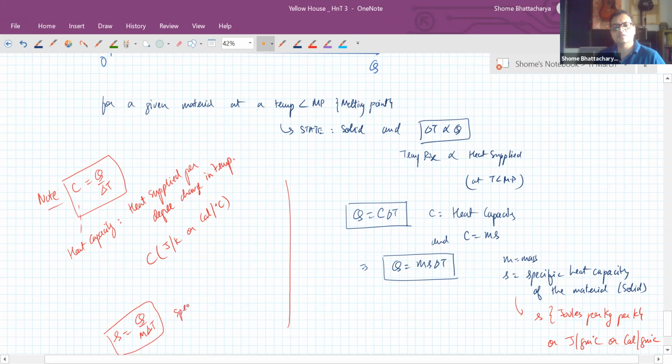So specific heat capacity, that is the heat supplied per unit mass per degree change in temperature.